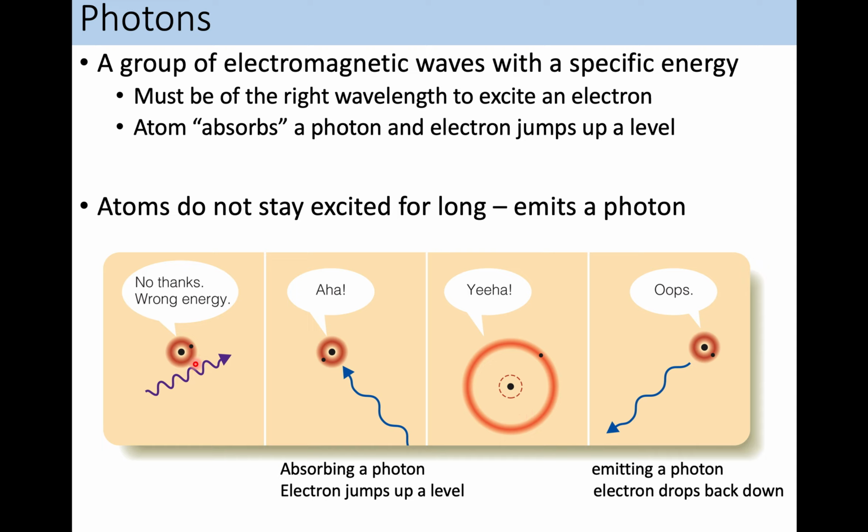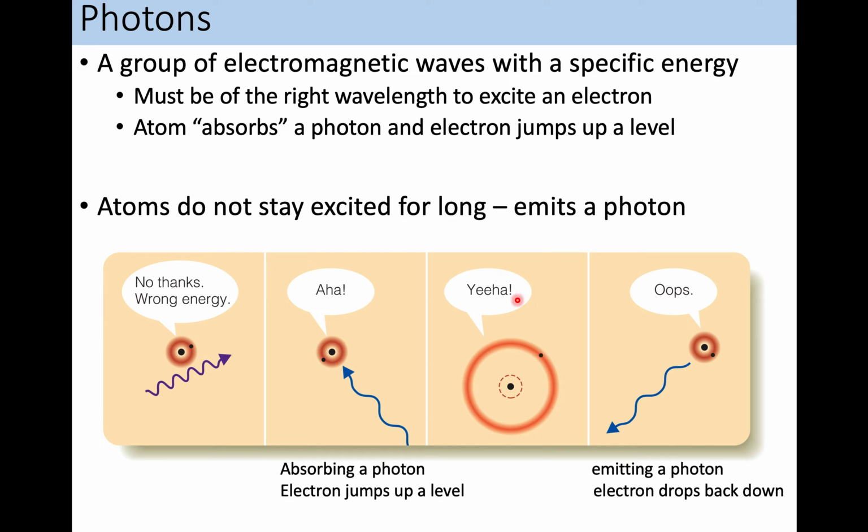So here's a diagram. Here is our atom, and here is a short wavelength in the purple, the violet. Not the right one. The atom says, no thanks. I can't absorb that one, don't want it. Here comes a blue photon. The atom says, awesome, definitely absorbing that one. So the atom is going to absorb this photon, and its electron, the little black dot, is going to jump up in an energy state, away from the nucleus out towards a different level of energy.